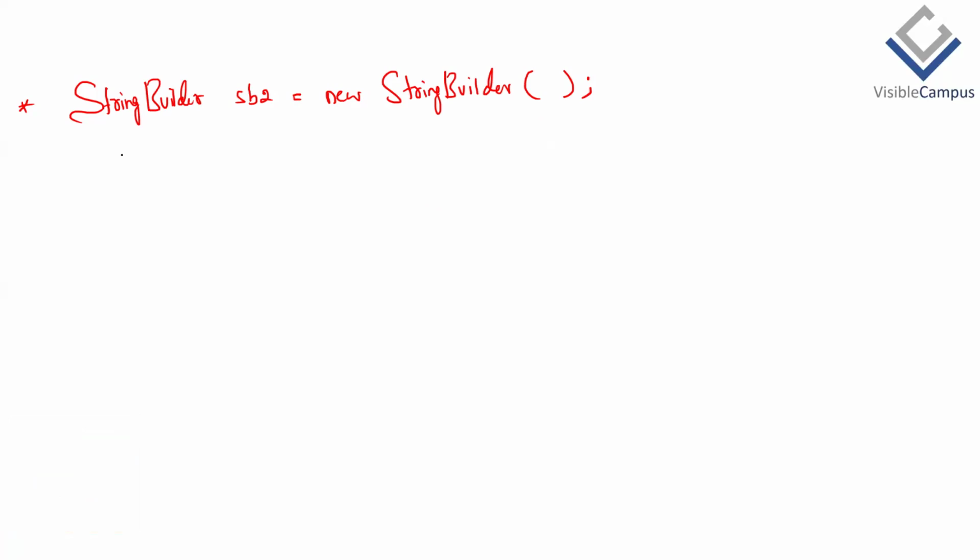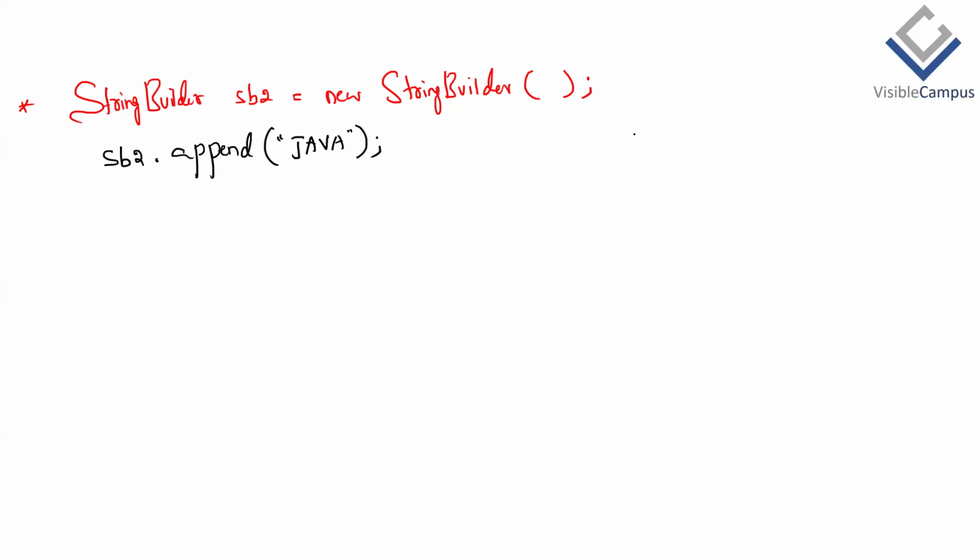Then followed by this existing StringBuilder object SB2, then dot operator, we have a method called append. Append means I'm trying to modify it. When you try to modify, it's mutable or immutable? Mutable, right?